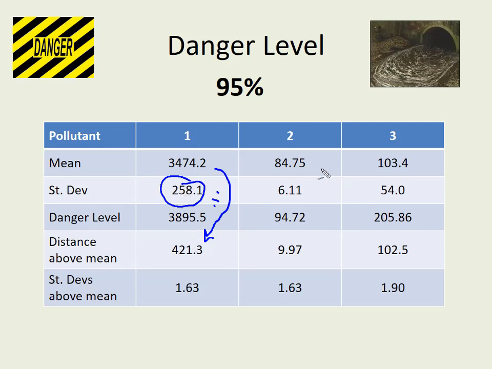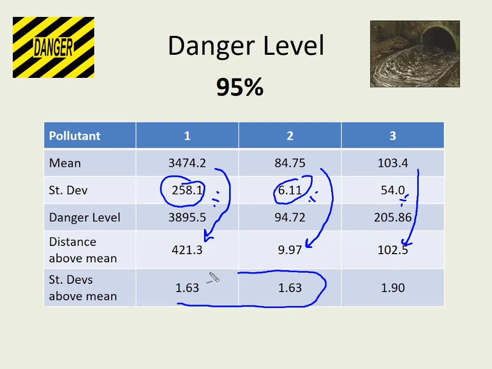Going from here to here, you divide that distance by this. So 9.97 divided by 6.11. So it's about 1.6 steps. And this, how many steps is this? 54 is almost 2 steps. So now we can see there's some kind of pattern here, but not here.